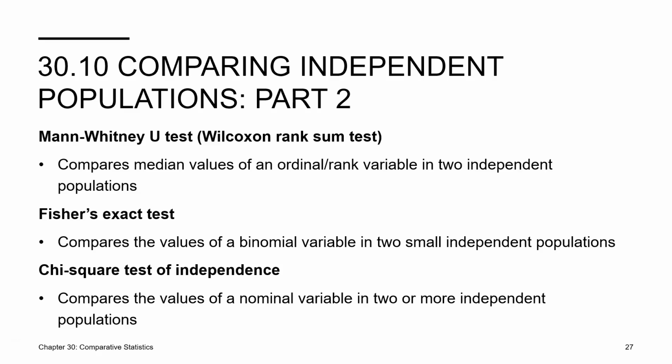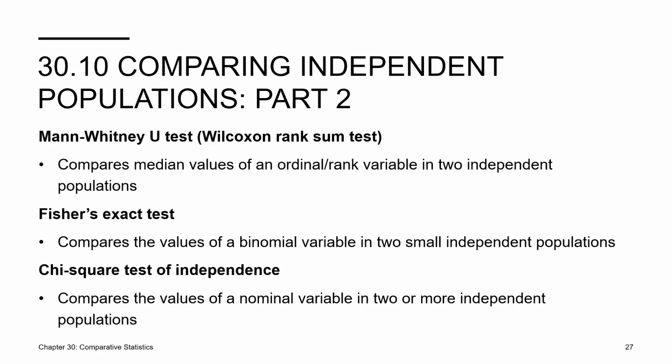They're two independent populations. You could also have the Fisher's exact test, which compares the values of a binomial variable in two small independent populations. This is just a much smaller set of values, and it also is a yes-no response.